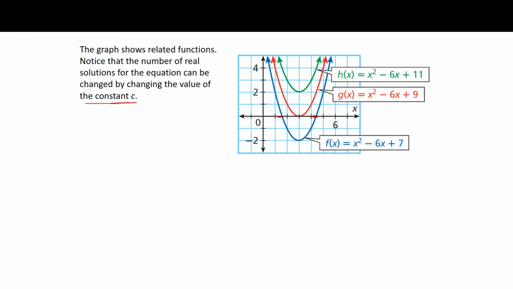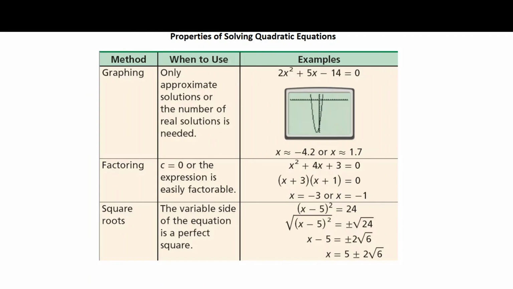Here we have x squared minus 6x plus 9, and we only have 1 place. And the last one, x squared minus 6x plus 11, ends up being in the imaginary area, because it never really crosses.